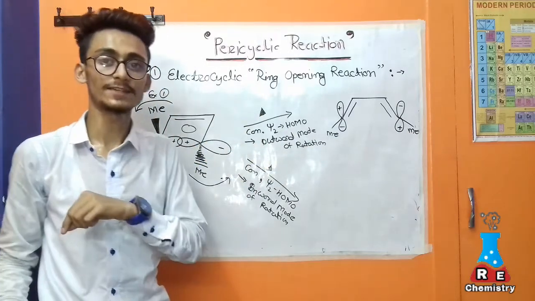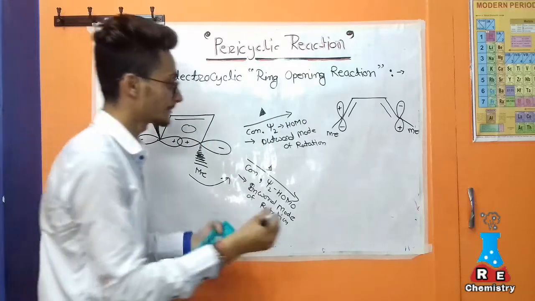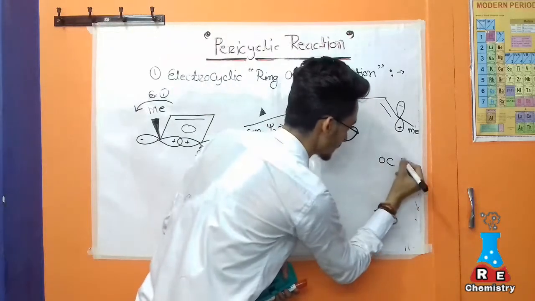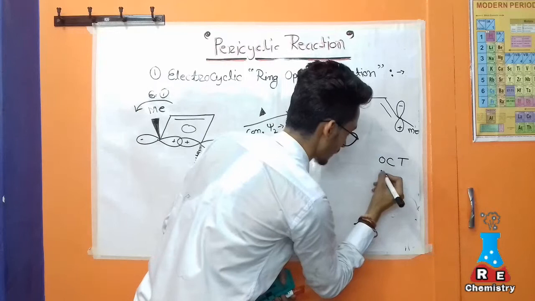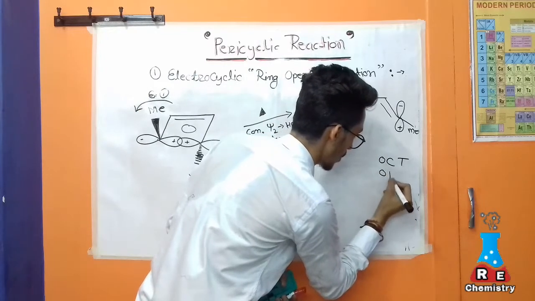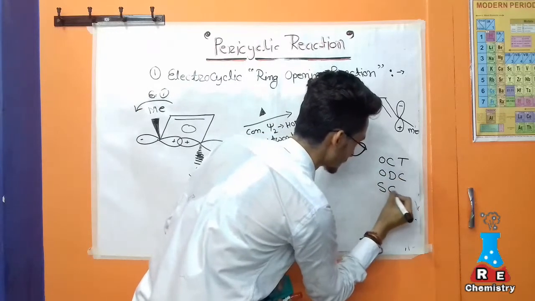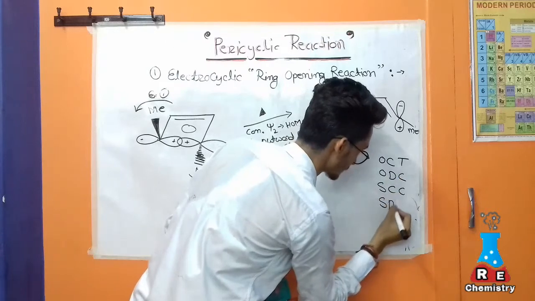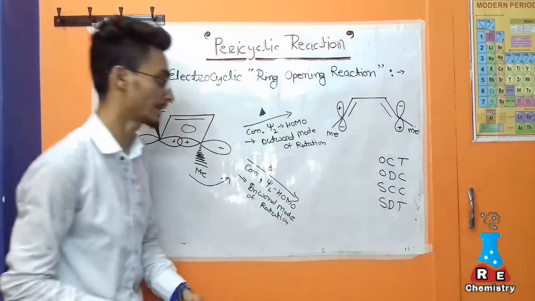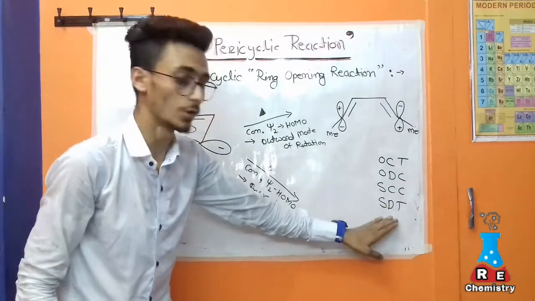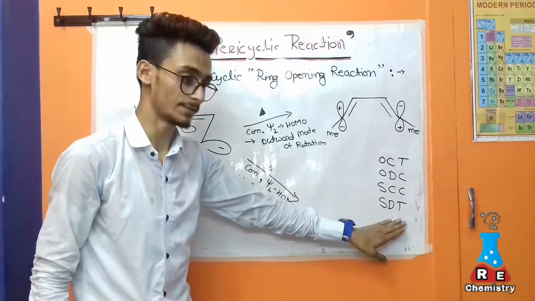We discussed it in my last video. The trick is OCT, ODC, SCC, SDT. This trick is used for the ring closing system.